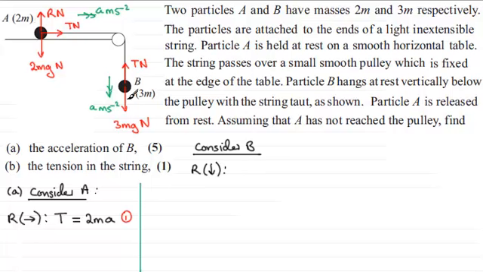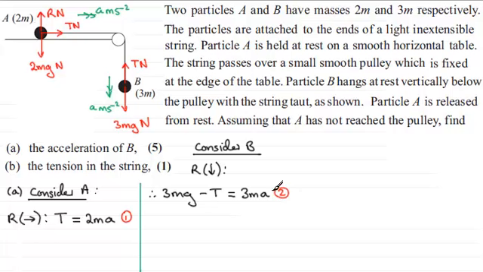So the resultant force on B will be the weight, 3mg, minus the tension, because that's acting in the opposite sense to this. And this will be equal to the mass times the acceleration. The mass is 3m and the acceleration is a. We'll call this equation 2.